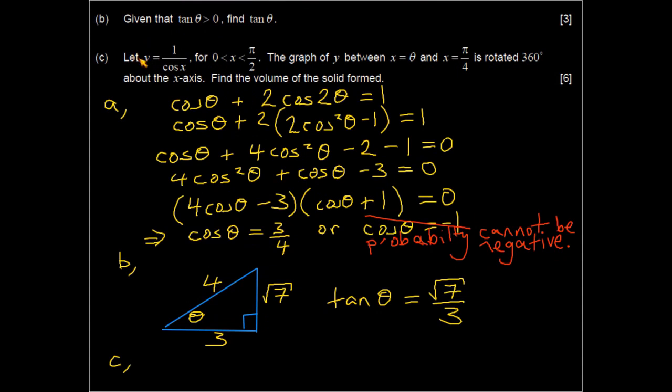It says, let y equal 1 over cos x, for x between 0 and pi over 2. A graph of y between x equals theta and x equals pi over 4 is rotated 360 degrees about the x-axis. Find the volume of the solid formed. So this is a volume of revolution question. We're going to have a graph of a 1 over cos wave, and then rotate that 360 degrees about the axis.